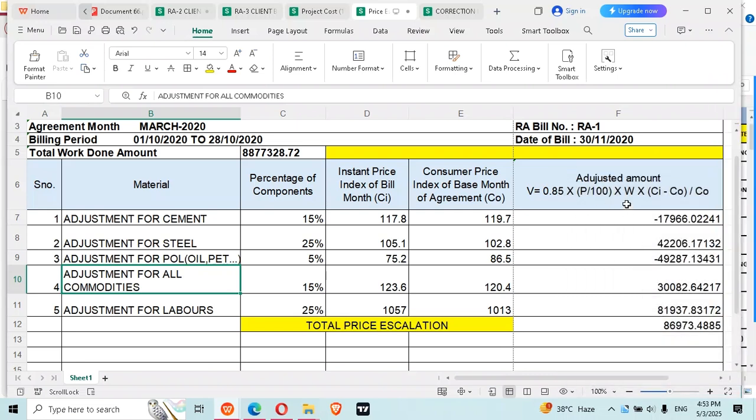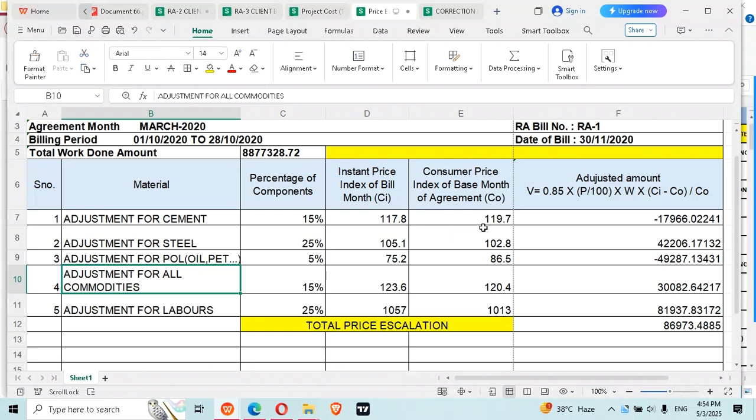If you see here, it is the adjusted amount. If the amount is negative, it means the price has decreased in the current month. Just suppose it was 119.7 at the time of agreement, but right now in the current month it is 117.8.